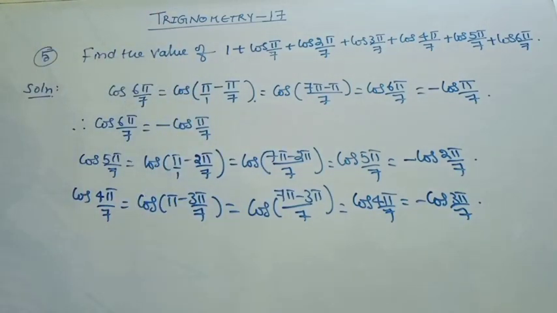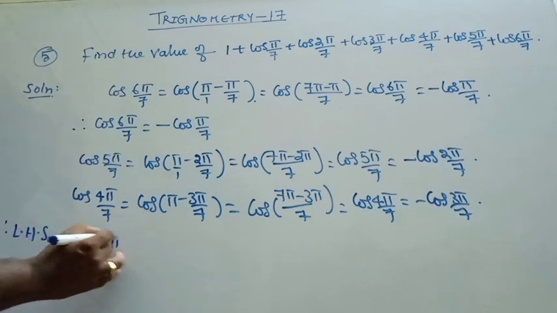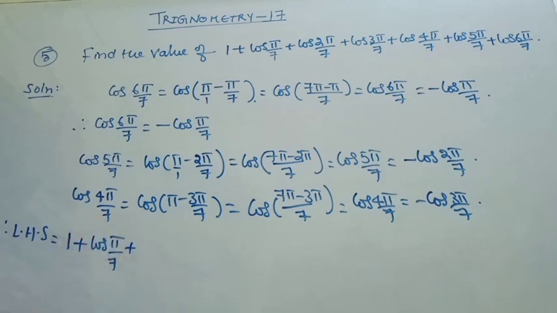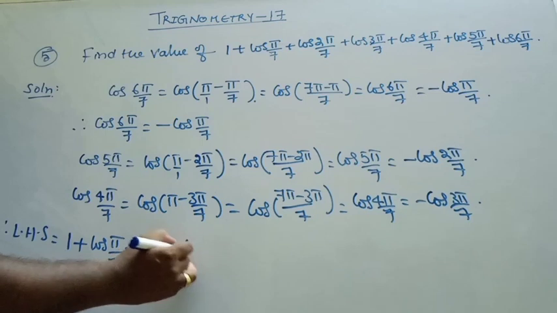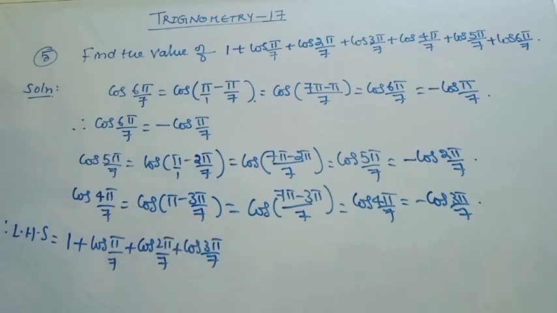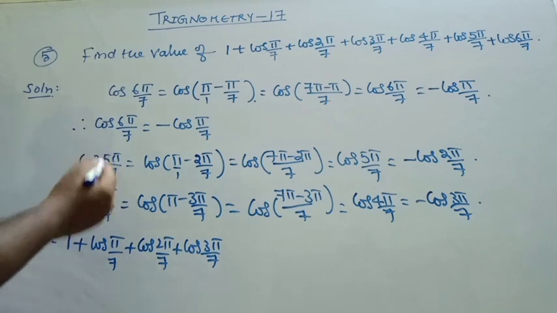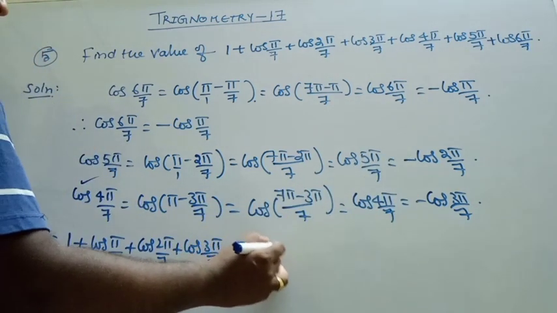Now you see, my dear students, take the left hand side part here. What you have here: 1 plus cos pi by 7 plus cos 2 pi by 7 plus cos 3 pi by 7 plus cos 4 pi by 7. Cos 4 pi by 7, now we have got that as minus cos 3 pi by 7.